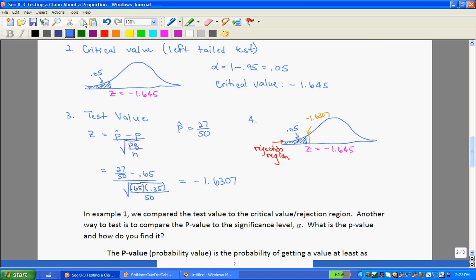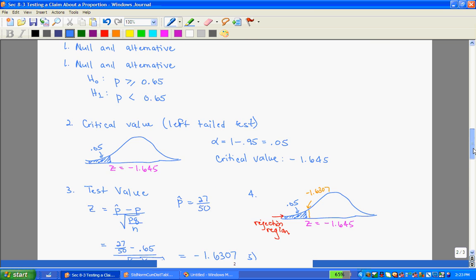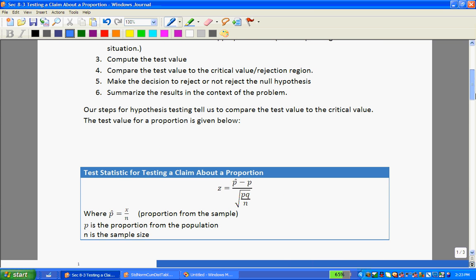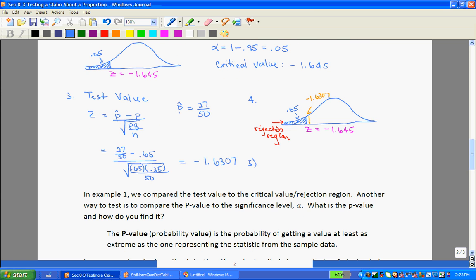So for our conclusion, or a decision rather, we fail to reject the null hypothesis.